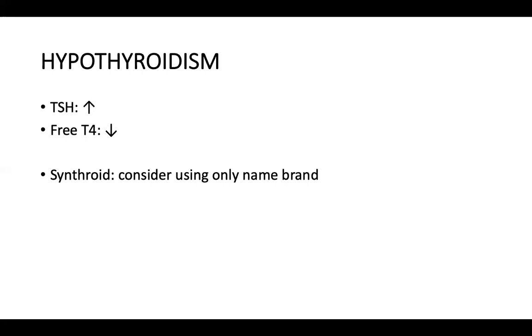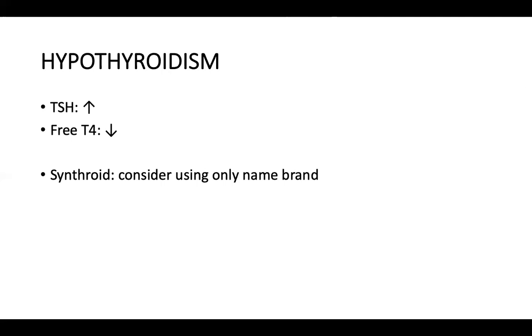And Synthroid is the one drug that I would consider using only the name brand. There are some states like North Carolina where you cannot get generic Synthroid. And so why do I say that? Well, the drugs that we get, generic drugs, they come from all over the place.